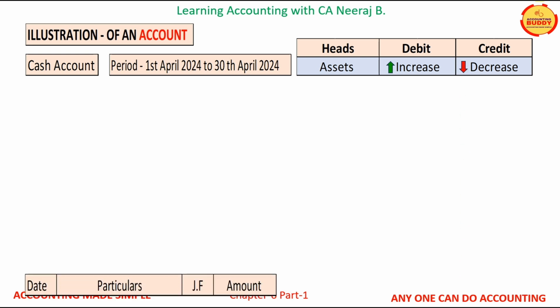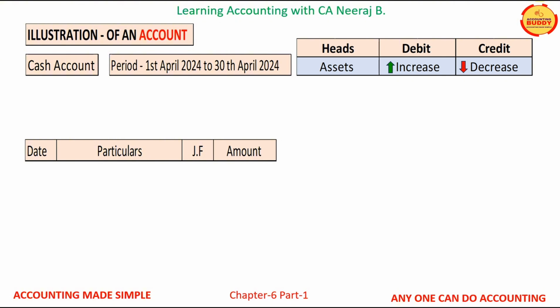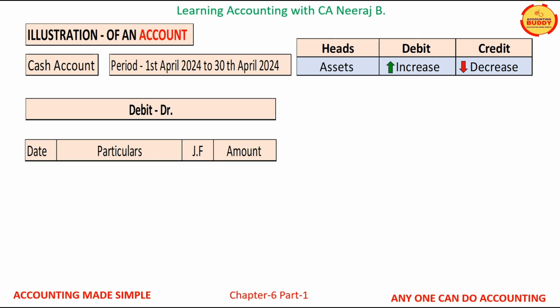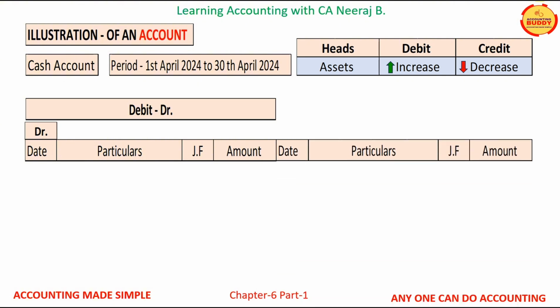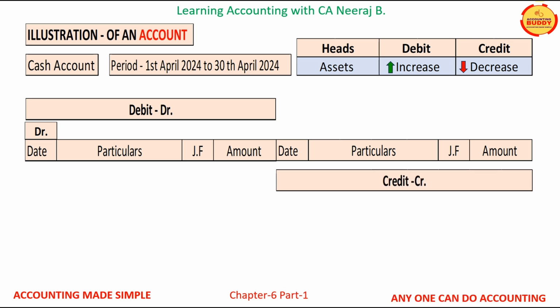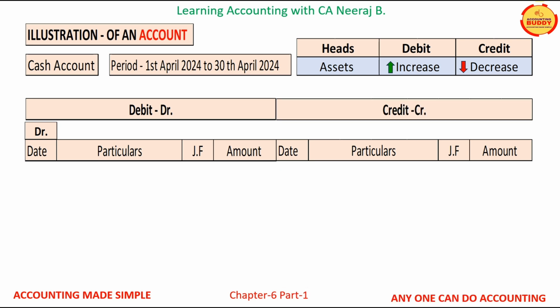On the left hand side of an account we have four columns, that is date, particulars, journal folio and amount. The left hand side of an account is the debit side and is denoted by the two letter word DR. Similarly, on the right hand side of an account we have four similar columns. The right hand side is the credit side and is denoted by the two letter word CR.